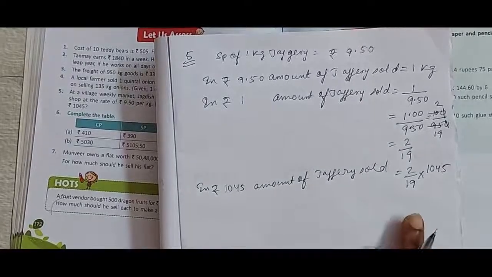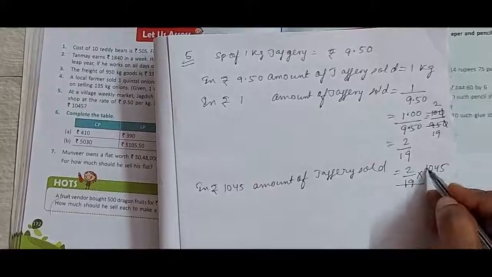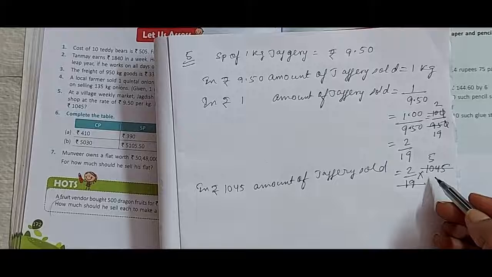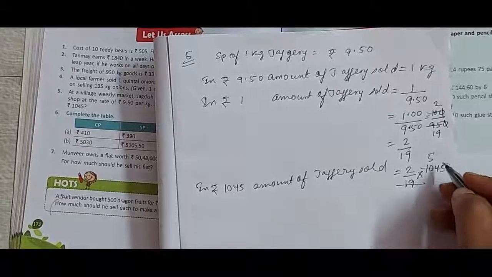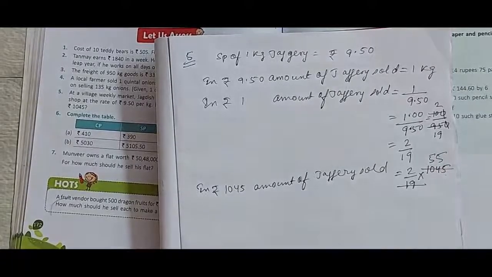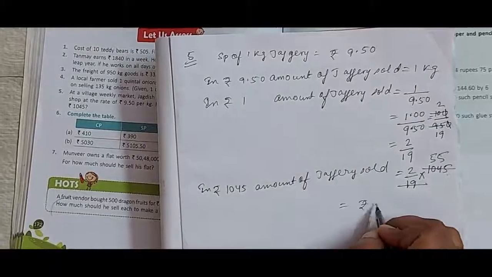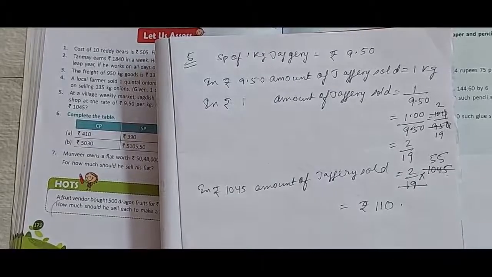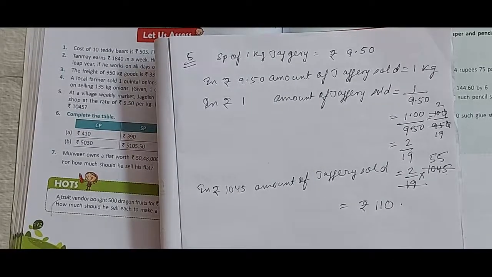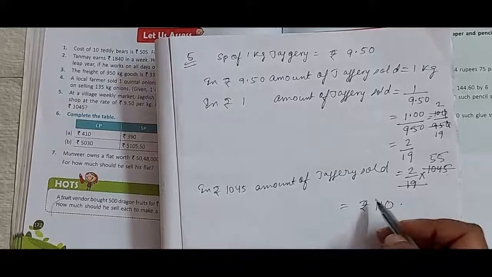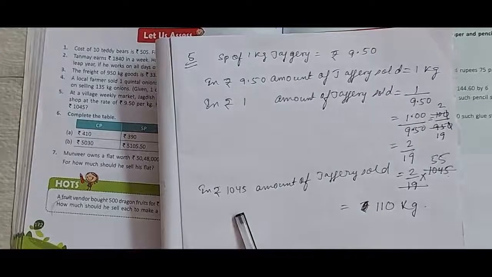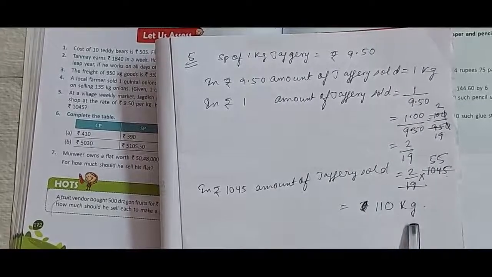So let us divide and check. 19 5s are 95. 104 minus 95 is 9. 95, again 19 5s are 95. So your answer will be 110. Sorry, it is not rupees, it is amount. So 110 kg. So in rupees 1045 amount of jaggery sold equal to 110 kg.